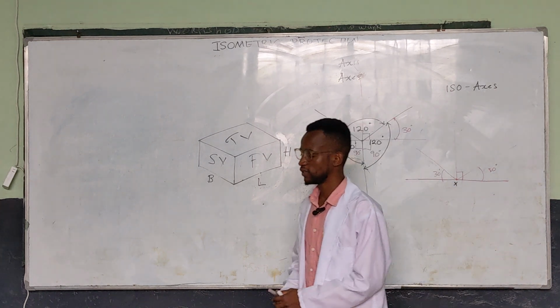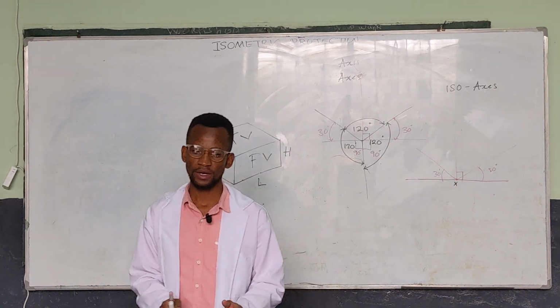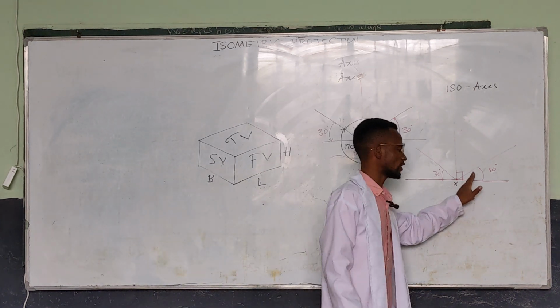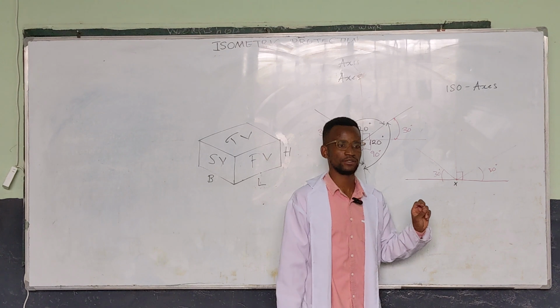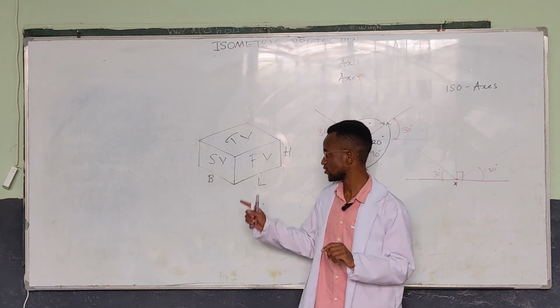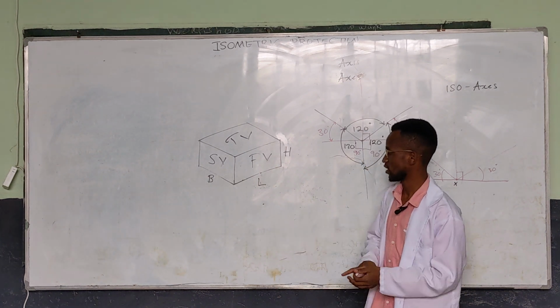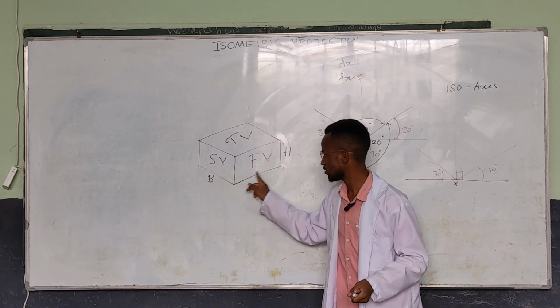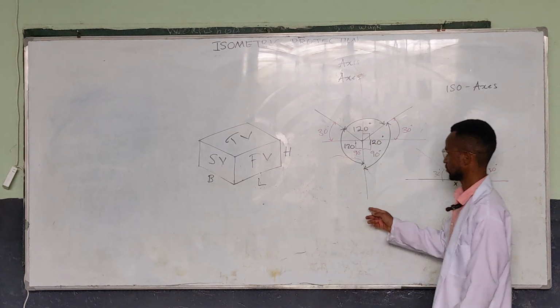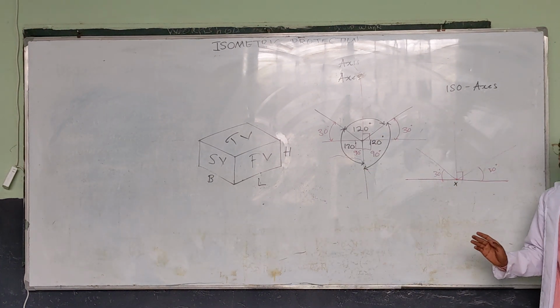An isometric object is accomplished by drawing lines that are parallel to these three axes. Lines that are parallel to these three axes. If you consider this drawing that is here, I don't know if it has started making sense now. We can have this, and this as our three axes, right? Have you seen? Three axes there.